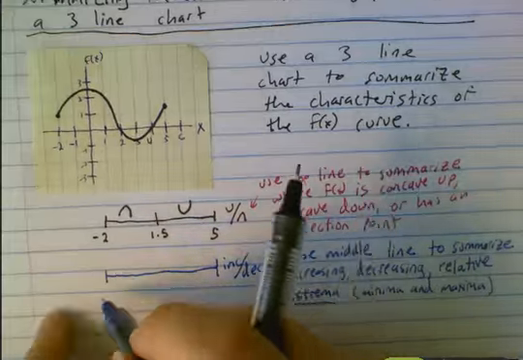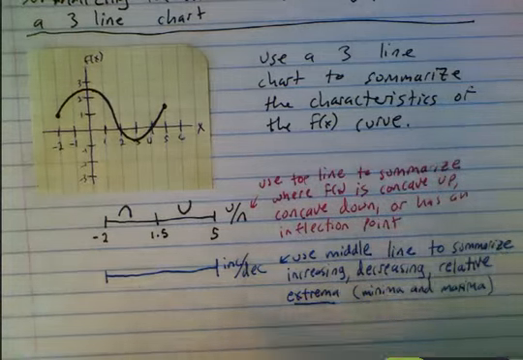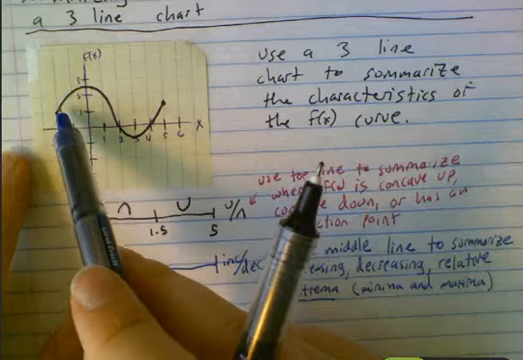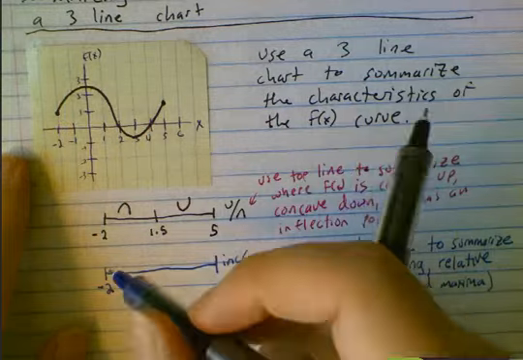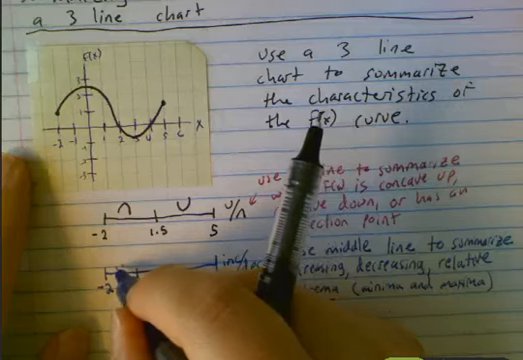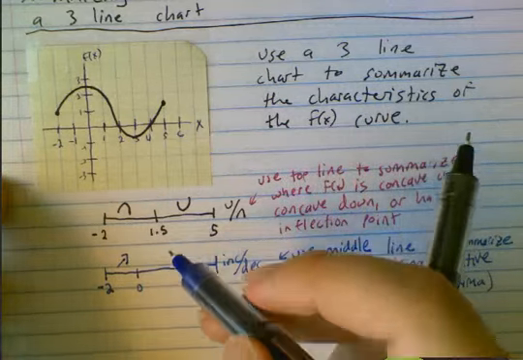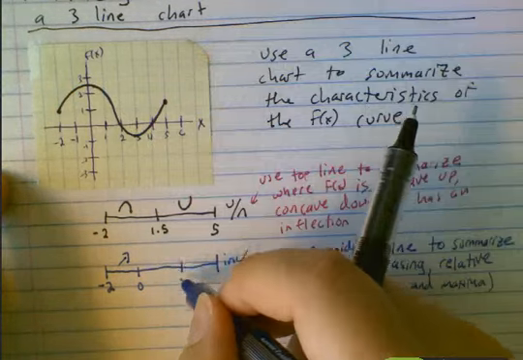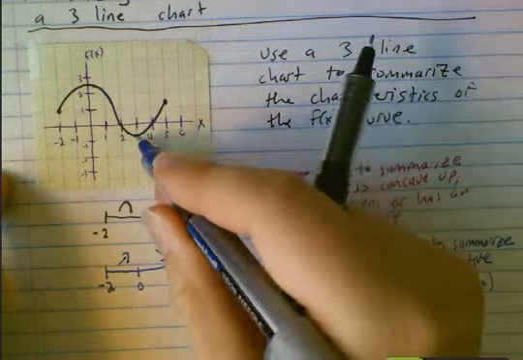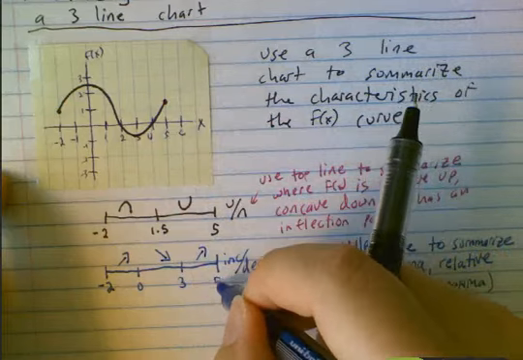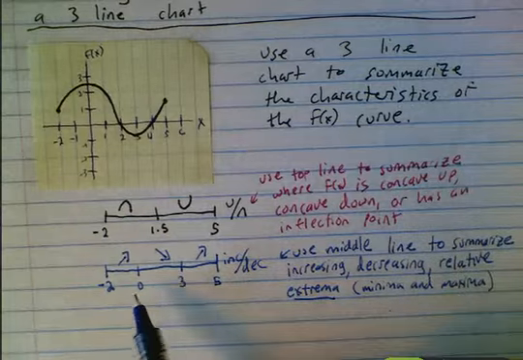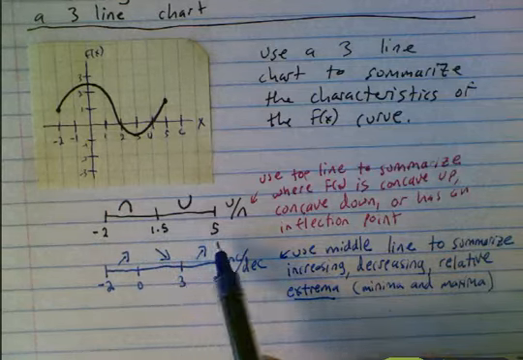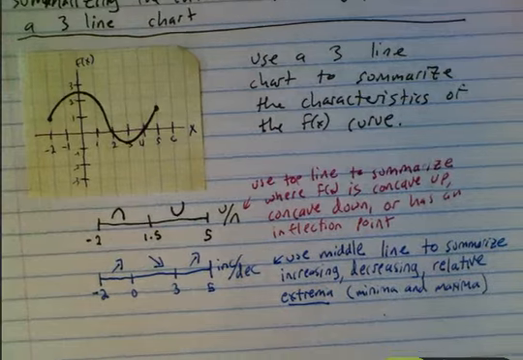So, starting here again at -2, I can see that the function is increasing, going up until we get to x equals 0. Then it's decreasing until we get to x equals 3. And then increasing again until x equals 5. Notice that I've put this 0 in between -2 and 1.5. I've put this 3 in between 1.5 and 3. That'll just make things a little bit easier.